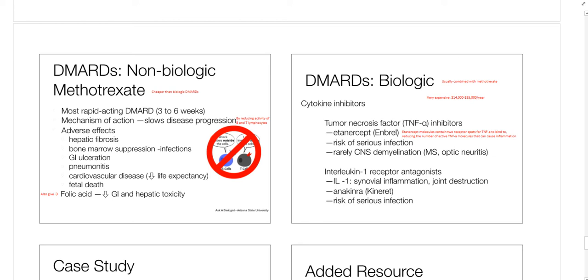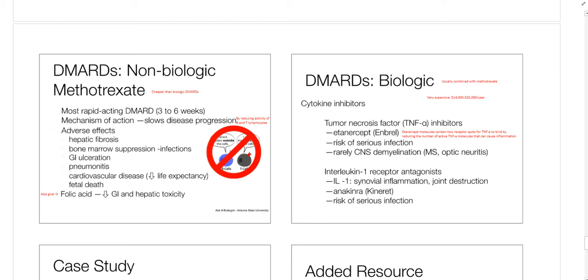We're also going to be limiting how much protective mucosa we have in the stomach, so we're at risk for GI ulceration, and at risk for pneumonitis. I'm not even really sure what that is. And cardiovascular disease, I don't know why, which will then decrease life expectancy, and fetal death. We want to then give folic acid to help with the GI and hepatic toxicity issues.